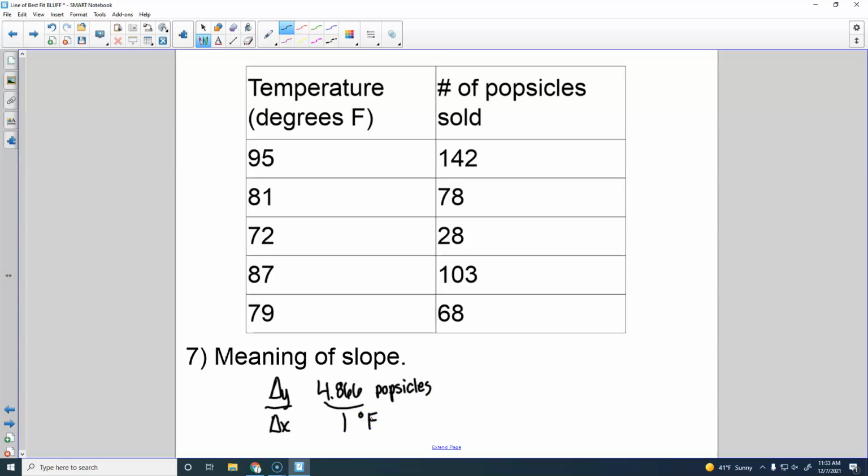So, Wade said for the degrees it was 4.68, but it should be popsicles. So for every degree warmer that it gets, the number of popsicles sold goes up by 4.866, which makes sense. The hotter it is, the more popsicles you're going to sell, right? Okay, so Team 2, you guys are the winners.